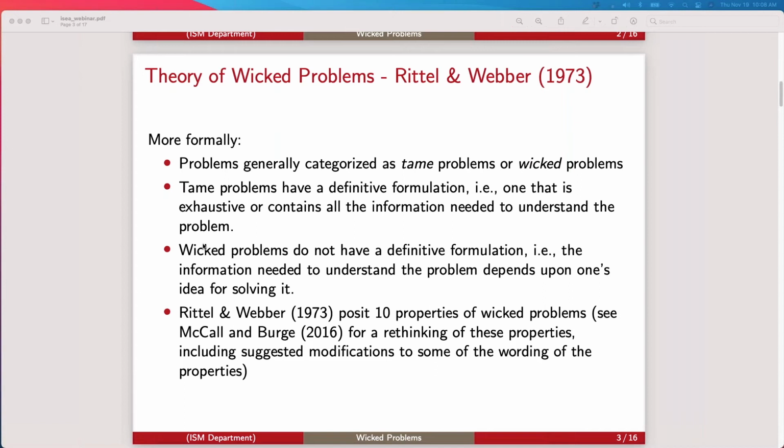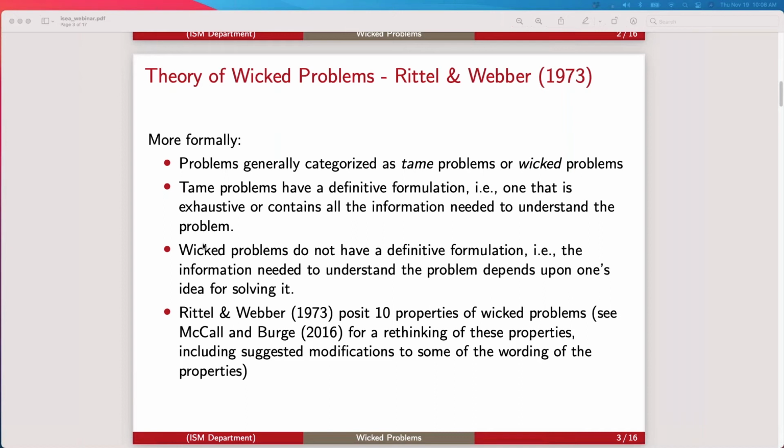Okay, and consequently, with tame problems, the problem solving framework tends to be linear. Understand the problem. Once we understand the problem, then we can solve the problem. And I think there's a number of problem solving frameworks that are linear like that in nature, right? That can be used to formulate or provide structure to the problem solving process.